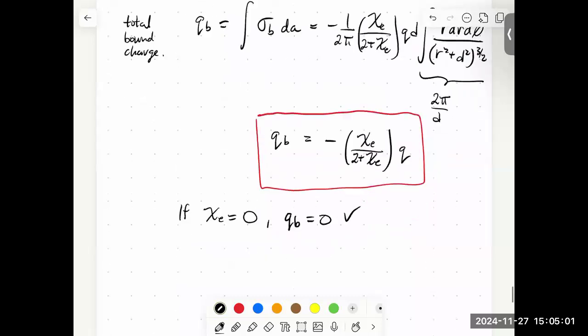That makes sense. If the susceptibility is really large, so our material is very susceptible to being polarized, then we're going to get a large number divided by a large number. This is going to approach 1, and we get minus q. So in that sense, it's a bit like the conductor, where we get the charge that exactly cancels the charge that's sitting above it.